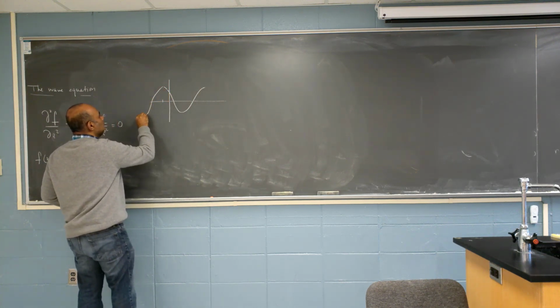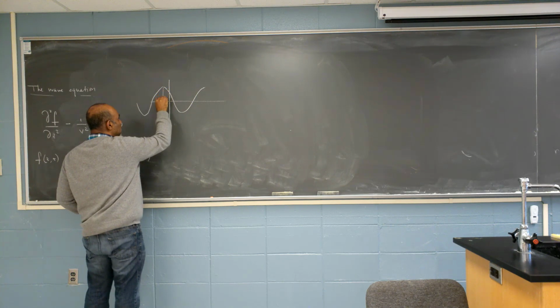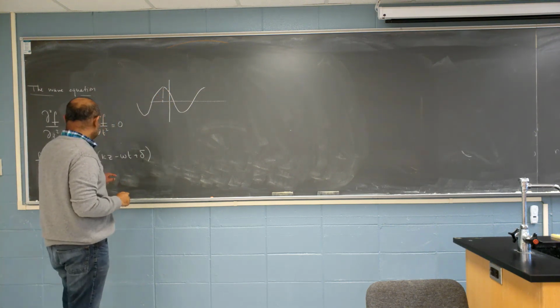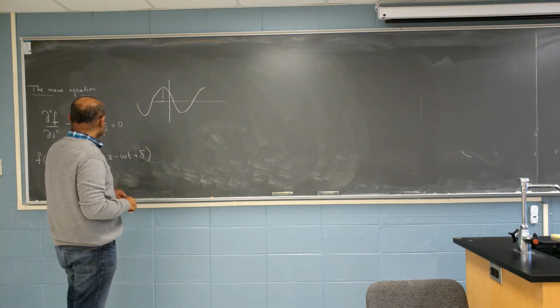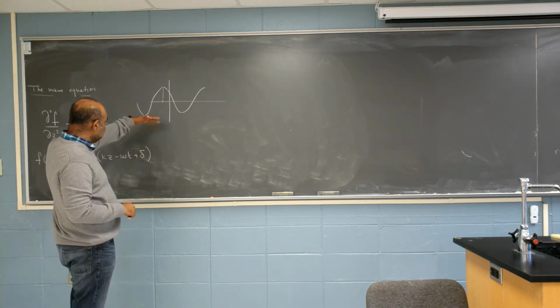Of course, I'm not good at drawing cosine functions. This would be when this is 0, so at t equals 0.